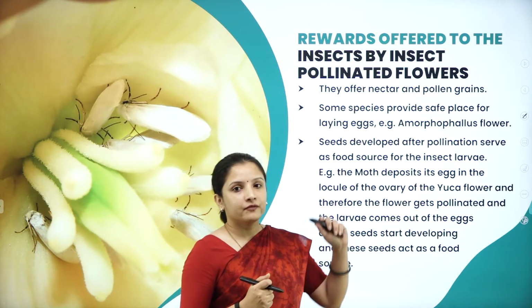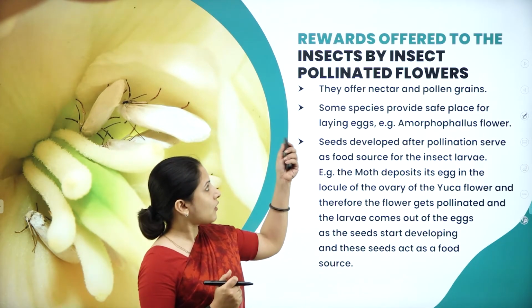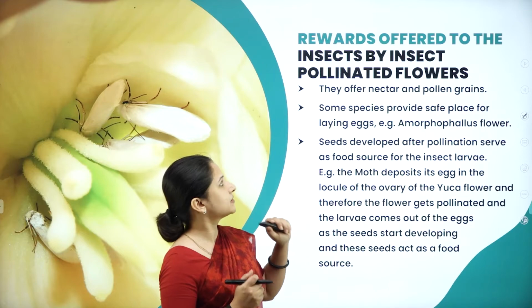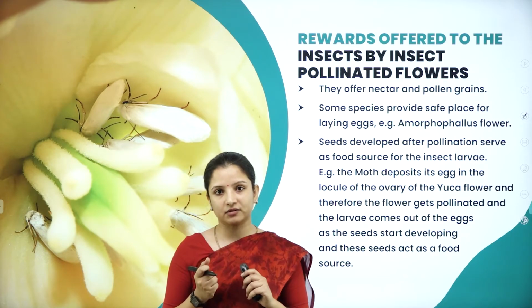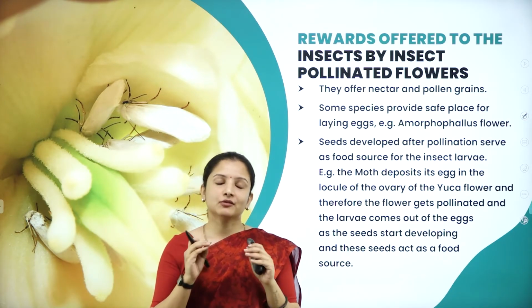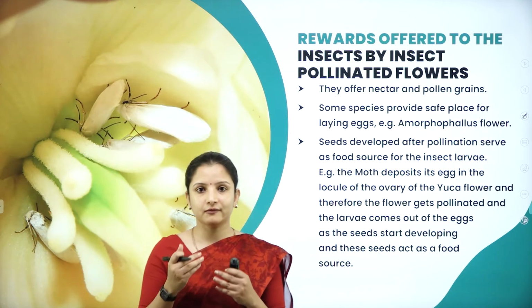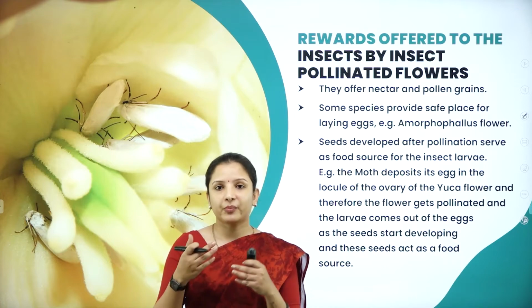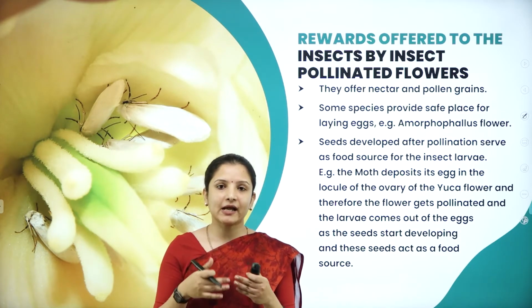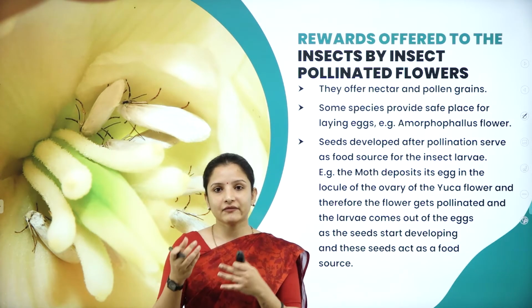So next we'll study the rewards offered to the insects by the insect pollinated flowers. Will the insect go and sit on the flower simply? No, right? You should give it a reward. It's just like your parents making you study and score good marks. They will bribe you.